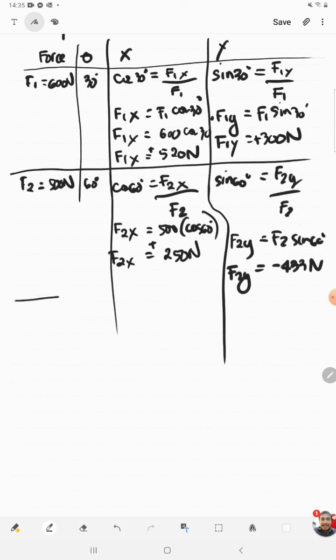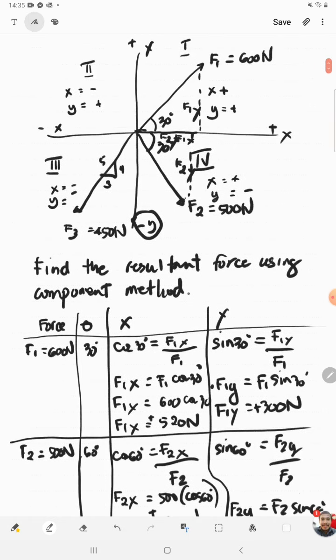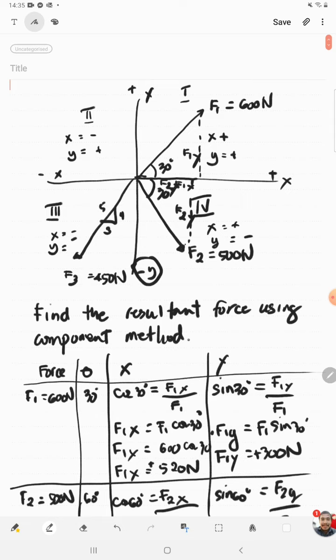Next is to find the components of your F3. F3 is 450 newtons, and you will see that the sides of the triangle are given. This is 3, this is 4, and this is 5.